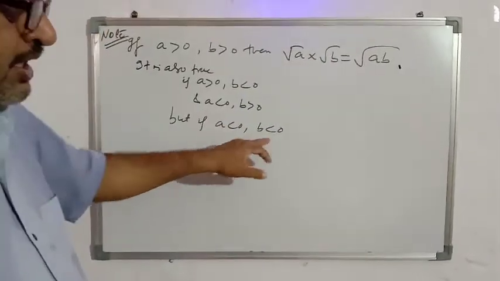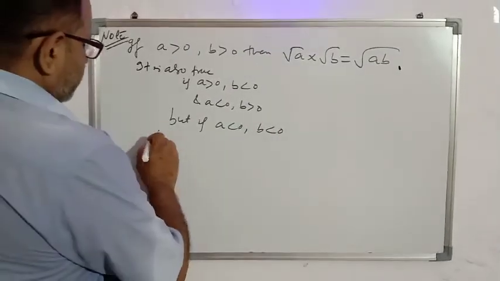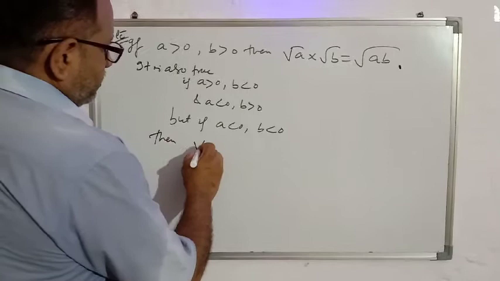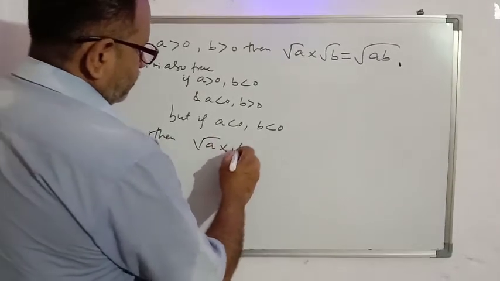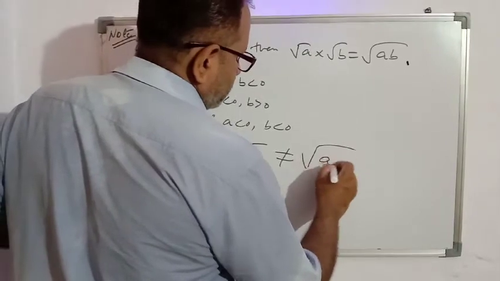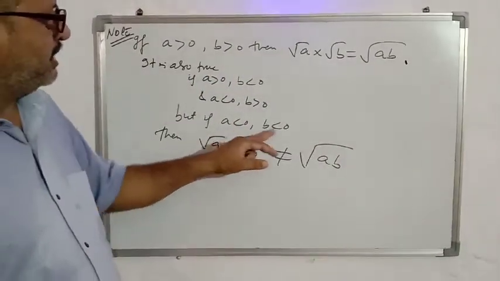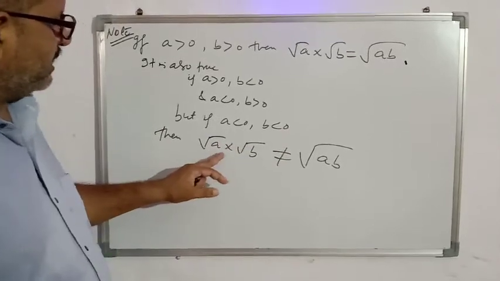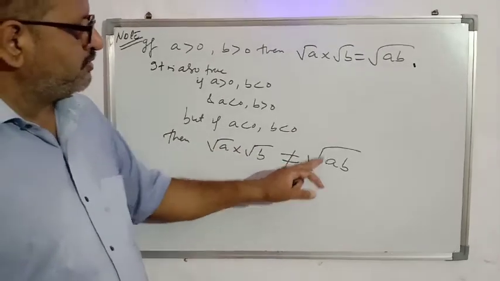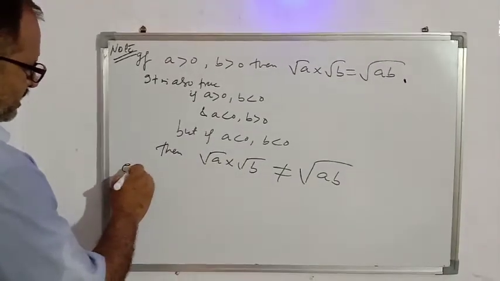But if both are negative, if a less than 0, b less than 0, then root a into root b is not equal to root ab. We can't write root a into root b is equal to root ab. Reason, see the explanation.